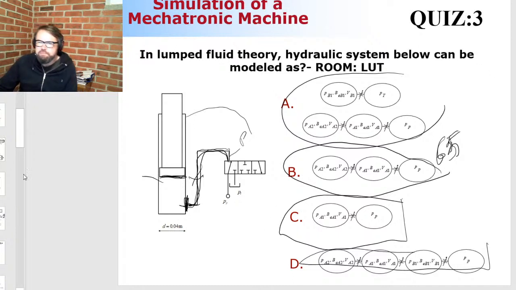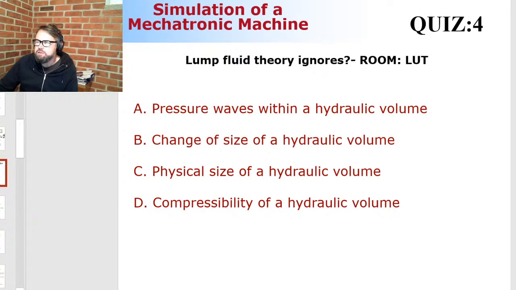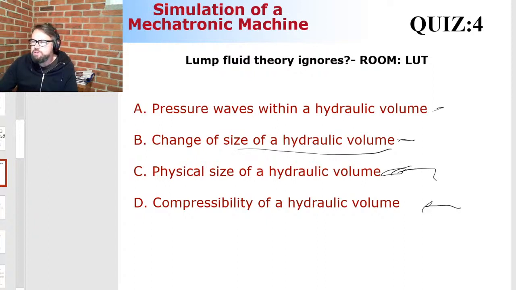So what is the last in-class quiz, which I'm not going to ask today, but will save for next Monday? I'm asking: lumped fluid theory ignores something. What is that? Pressure waves, size of the hydraulic volume, change of size of hydraulic volume, physical size of hydraulic volume, compressibility of hydraulic volume.